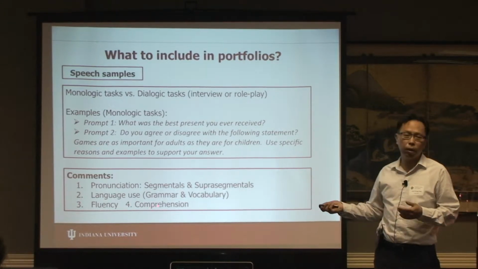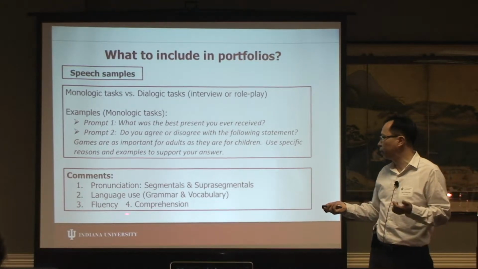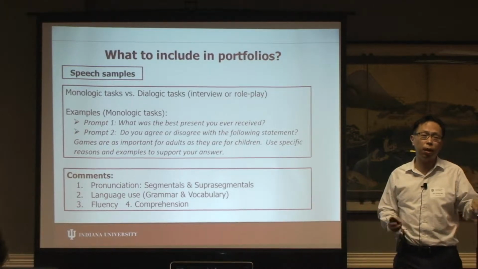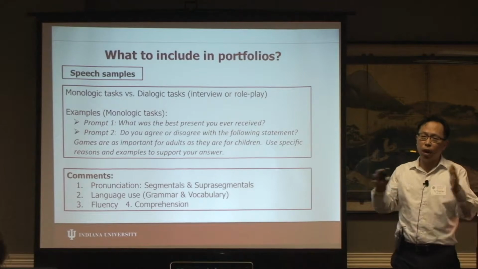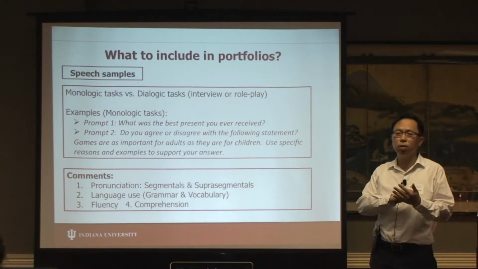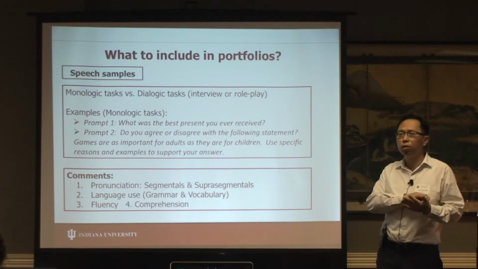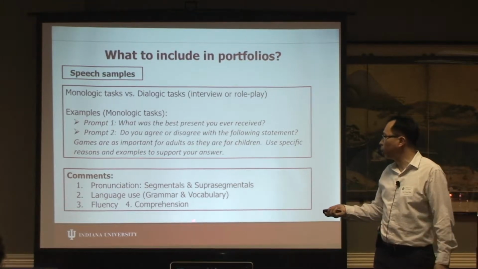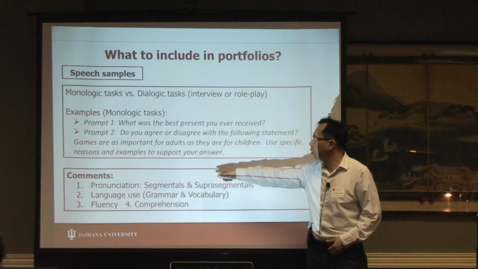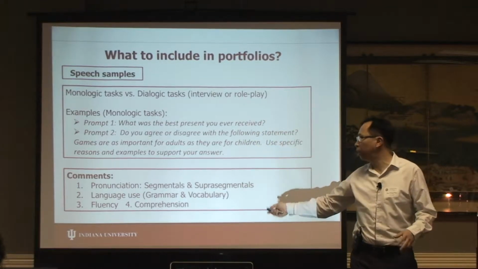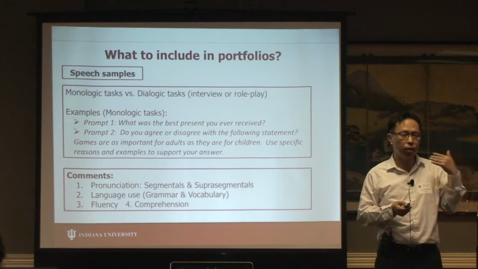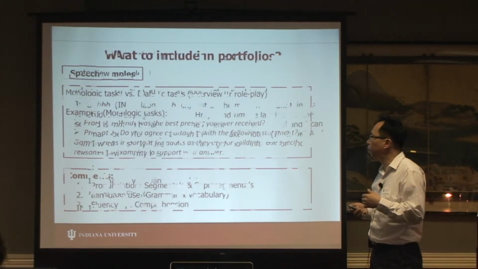You also comment on their grammar and vocabulary, and fluency is also very important in speech samples. Make sure that they do not have a lot of unfilled pauses and the speech speed is appropriate. It's not really measurable in monologic tasks, but in dialogic tasks, you can also tell whether they could comprehend and understand the questions they receive.